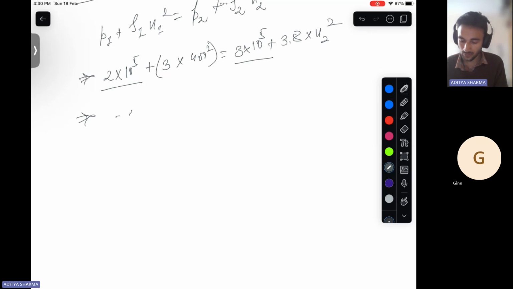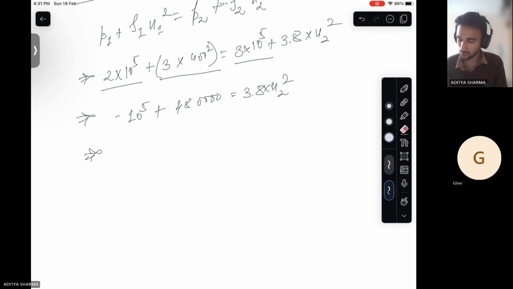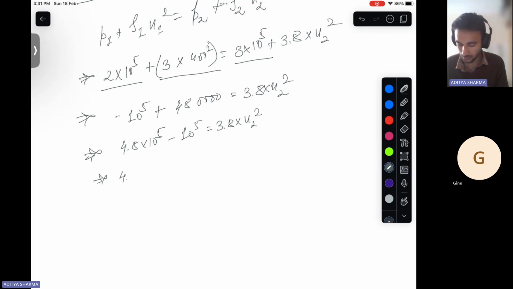So from this we get minus 10 raised to power 5, and from this we get 48 and 4 zeros, which is nothing but 4.8 into 10 raised to 5 minus 10 raised to 5 is 3.8 into 10 raised to 5, equals 3.8 u2 square.